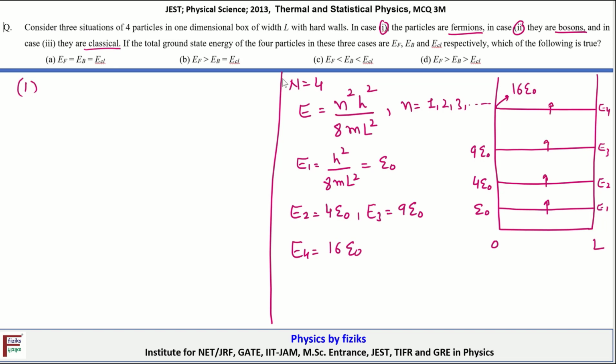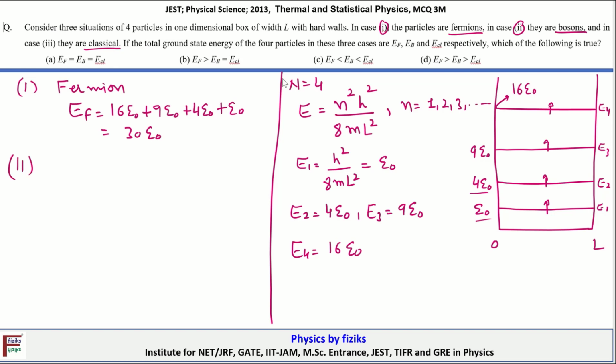The total energy for the system of fermions will be 16 E0 plus 9 E0 plus 4 E0 plus E0, so 16, 9, 25, then 29, plus 1, that is 30 E0. So for a system of fermions, E_F is equal to 30 E0.